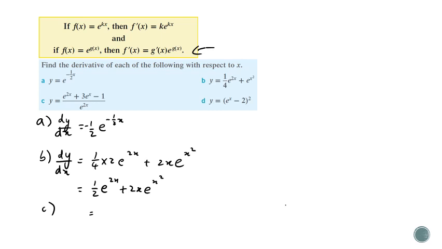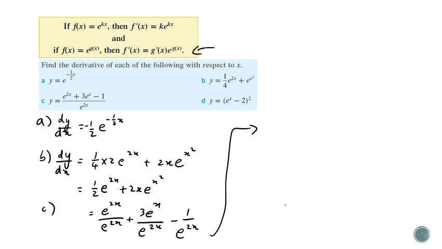Alright, part C. Because we have fractional bits, we need to separate it into separate fractions, like so. Then write it out with negative or positive powers, so long as it's on the top line.